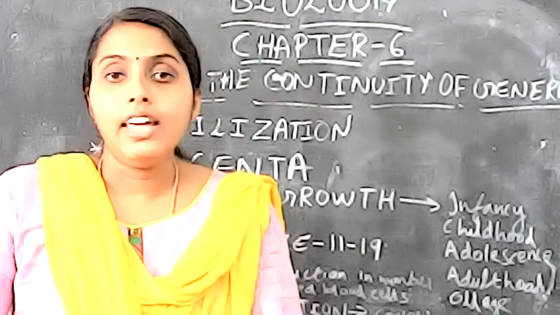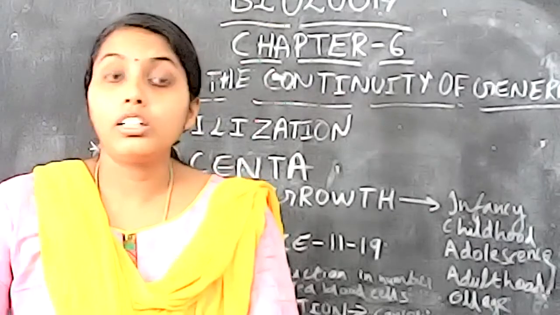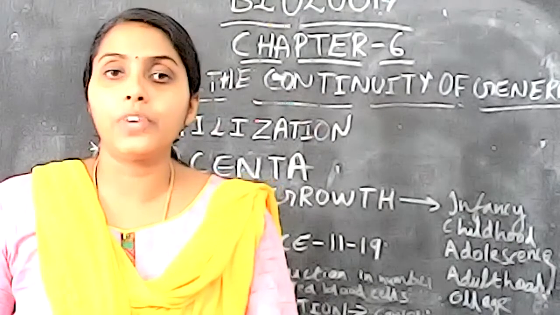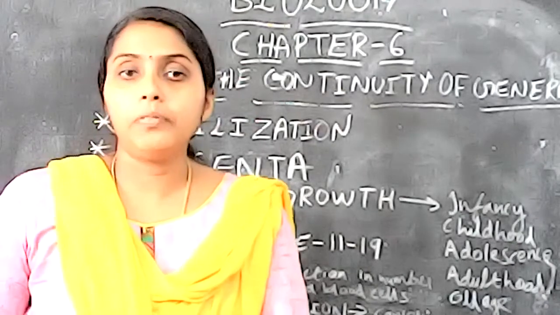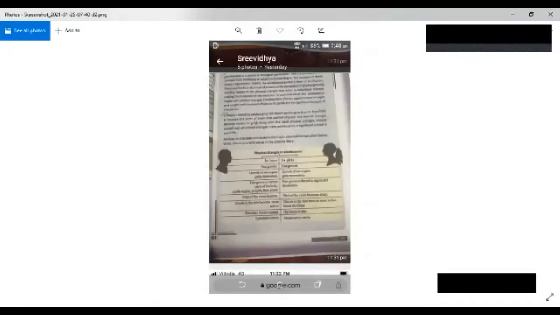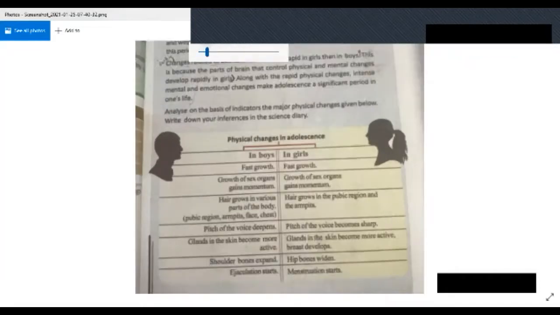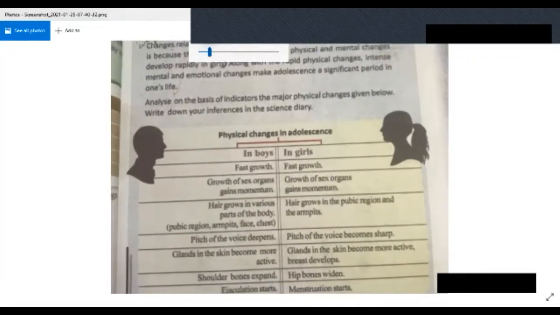Now we can see the physical growth, what is happening to boys and girls during the adolescent period. I have already told you the changes in adolescent girls are faster than in boys, because the part of the brain that controls the physical and mental changes develops rapidly in girls.